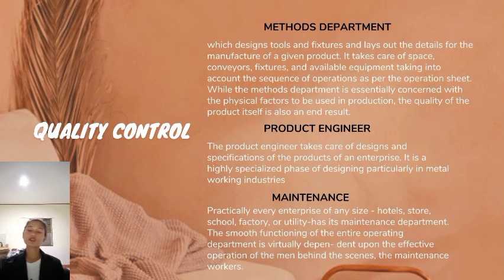So the next is product engineering. The product engineer is responsible for the design and requirements of a company's goods. He must be extremely knowledgeable about technological specifications and ensure that quality is guaranteed, and inspection directly affects cost because work is saved by finding flaws earlier rather than later.